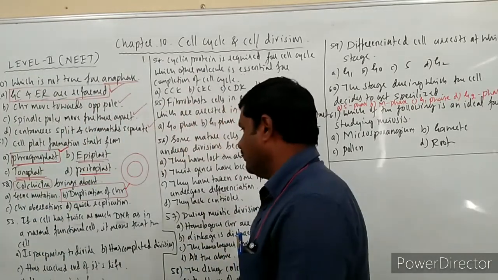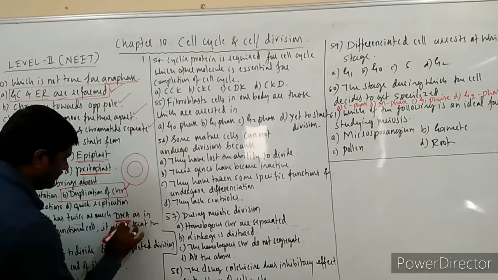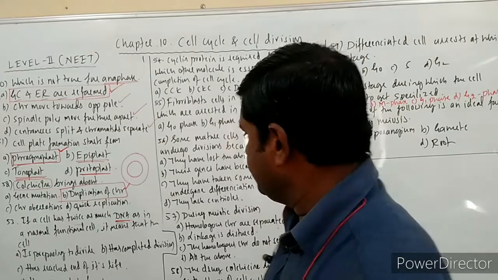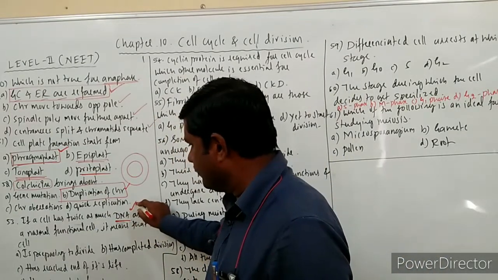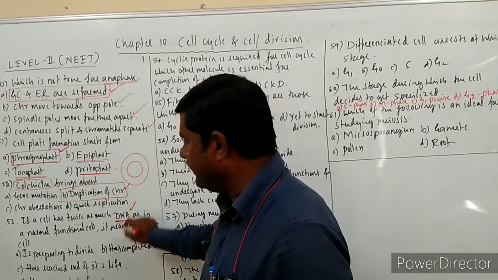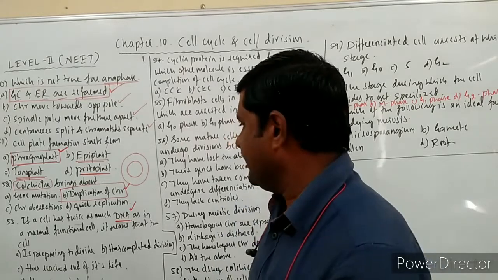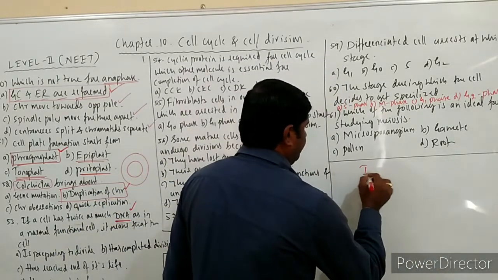Here, the DNA has duplicated and is twice as much as before. The chromosomes duplicate, and this leads to cell division, during the S phase of the cell cycle, as you know.